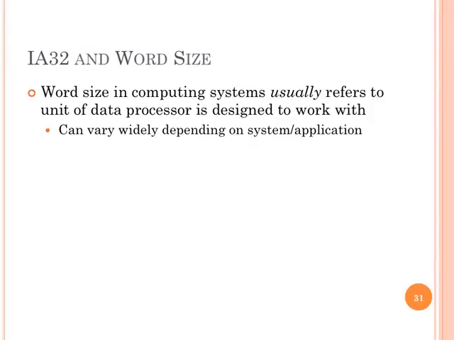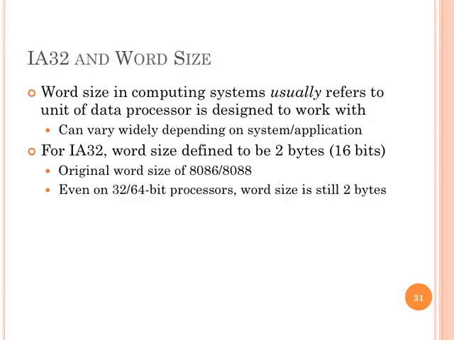Okay, let's see, word size. So usually, word size is what is the data bus width? IA32 makes our lives a little bit tough in this area because it doesn't really talk about that. In IA32, word size is what was the word size on the 8086? And everything is in relation to the 8086 word size. Okay?